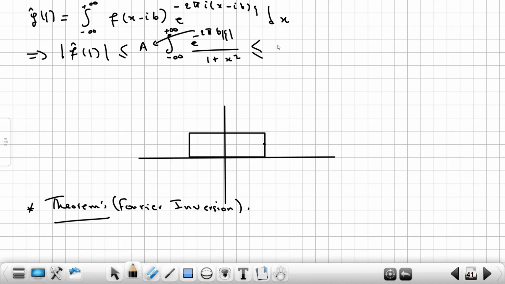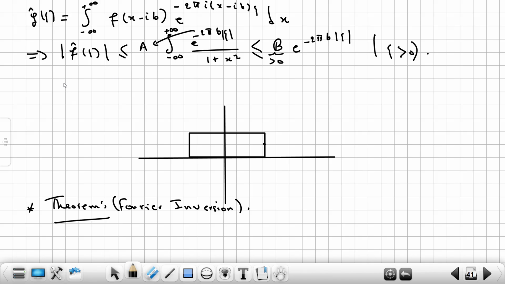Finally, this is less than or equal to B, for some positive constant B depending on A and on the value of the integral of 1 over x squared plus 1, times e to the power minus 2 pi b absolute psi.